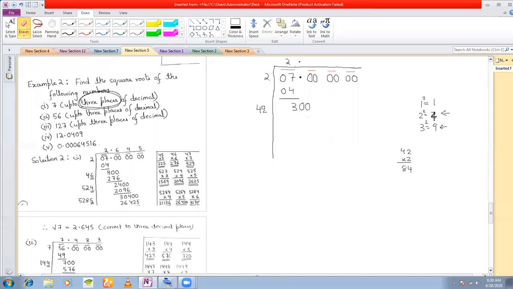So we try 3. 43 into 3 is 129, which is again way less than 300. So we try 4. 44 into 4 is 156, which is again way less than 300. So we try 45 into 5.